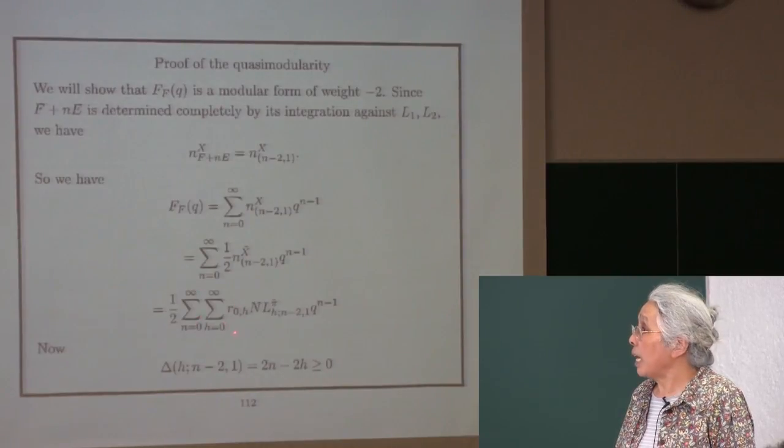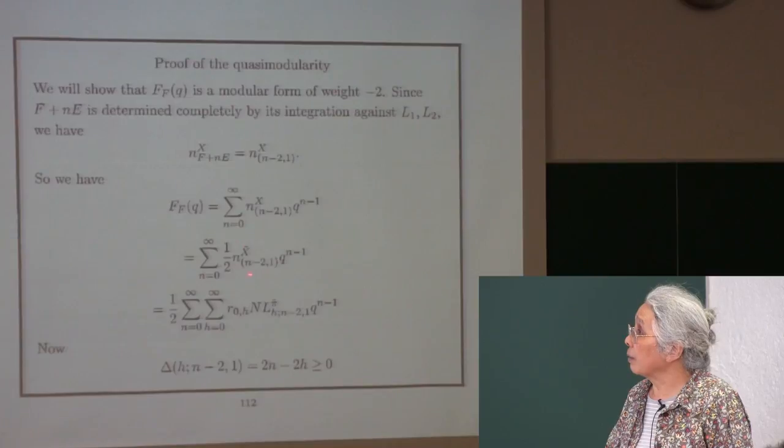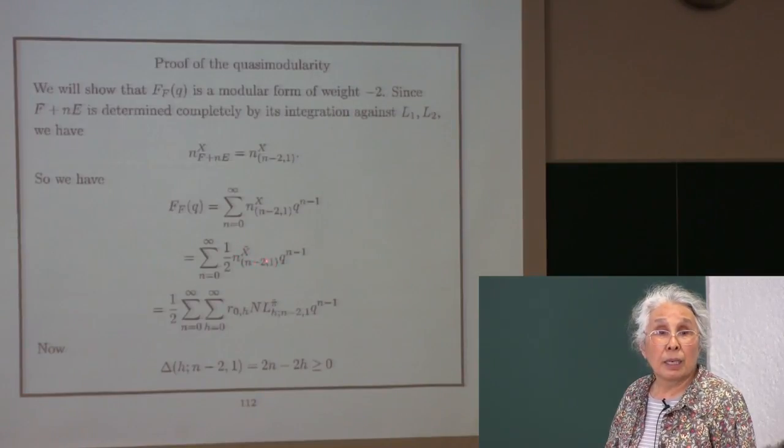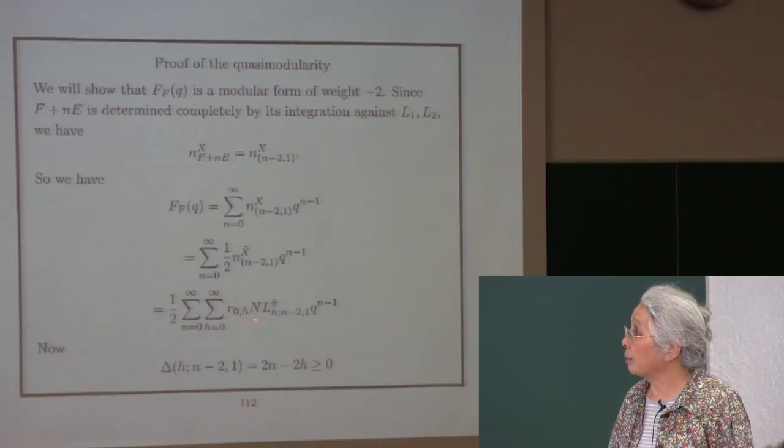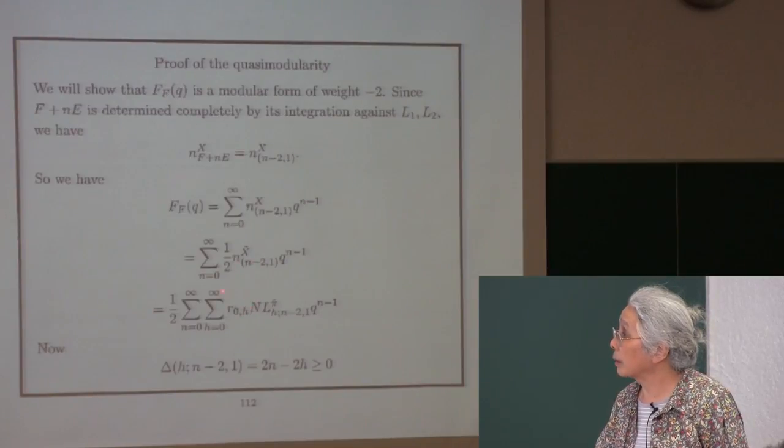And then if you get this number, it was expressed in terms of the Noether-Lefschetz deficit: r_{0,h} times the Noether-Lefschetz number. So you replace this number with the Noether-Lefschetz number here.